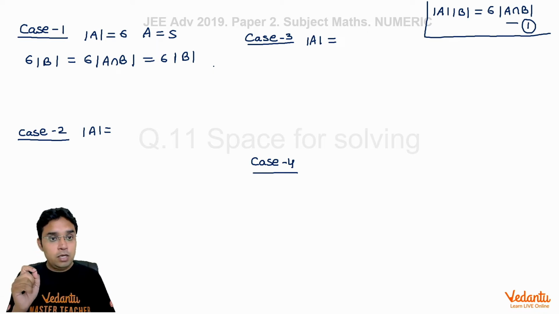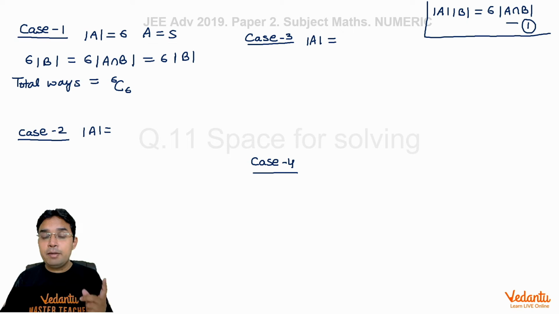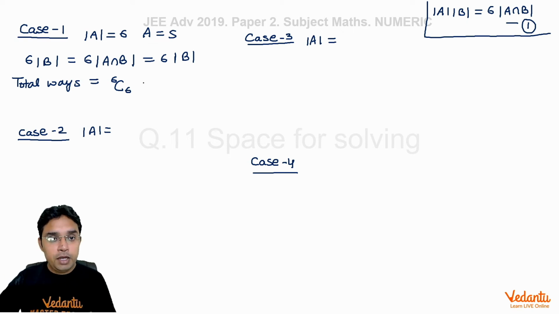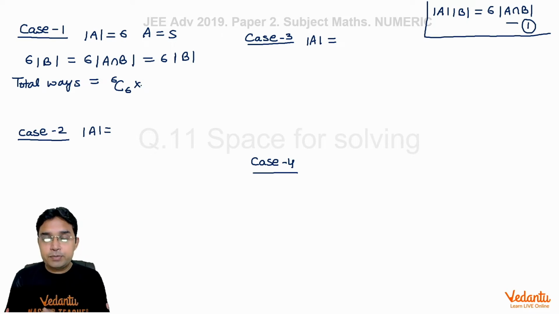So if A has 6 elements, B can have any number of elements, 1, 2, 3 up to 5, because we have to keep B smaller than A. So total ways in this case would be the number of ways of selecting A from 6 elements of the sample space, 6C6 because every element is there, into we have to select B, or we can say B is a subset of S with any number of elements.